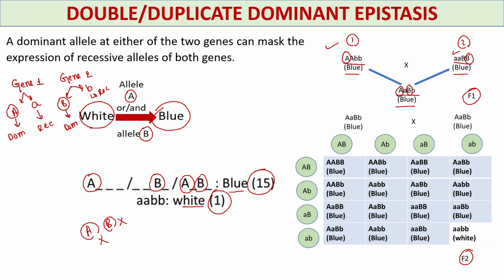The phenotypic ratio of F2 generation is 15:1.